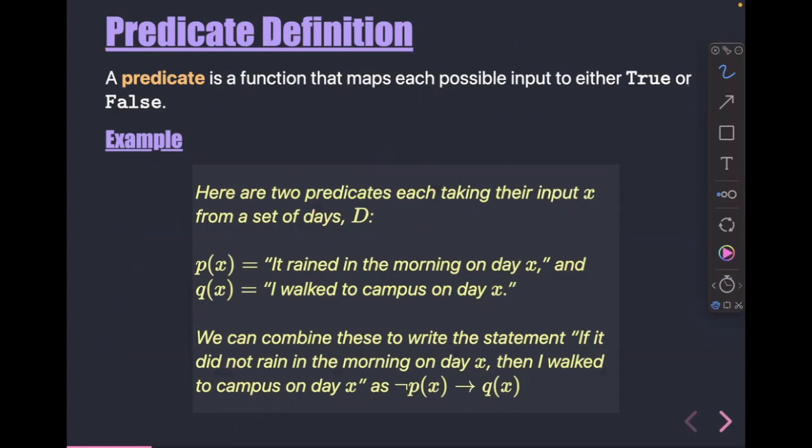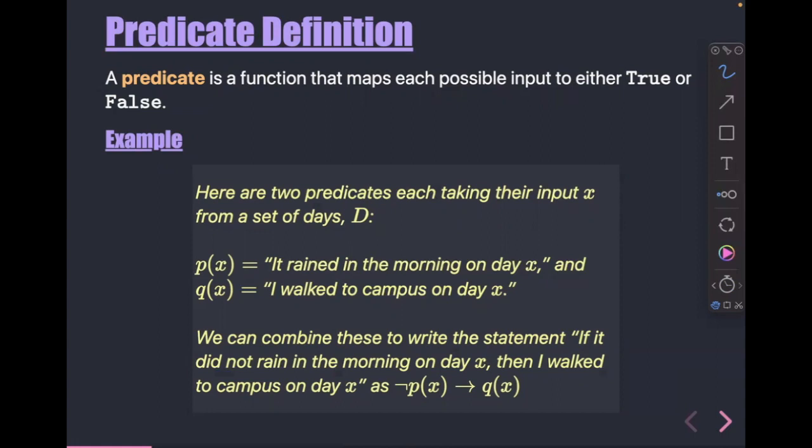But now I'm going to generalize it to some day X. So P of X means it rained in the morning on day X. P of X returns true only if it rained in the morning on that specific day. So I could say P of Monday is true if it rained on Monday. And similarly, Q of X is true if I walk to campus on day X.